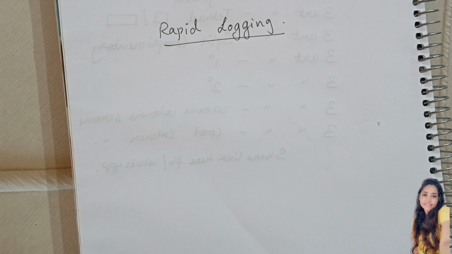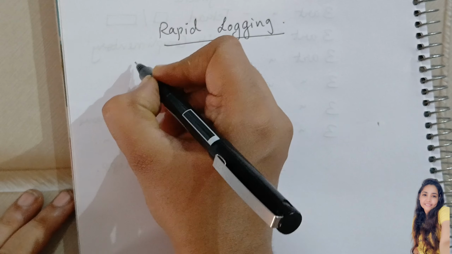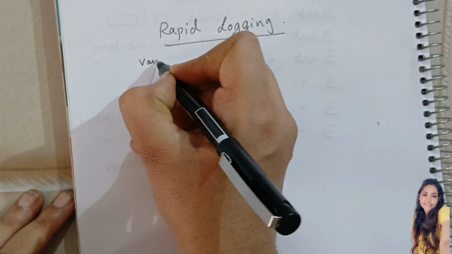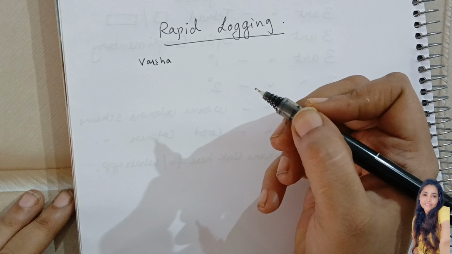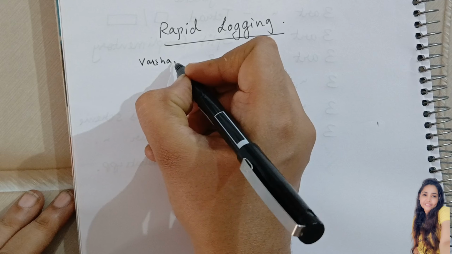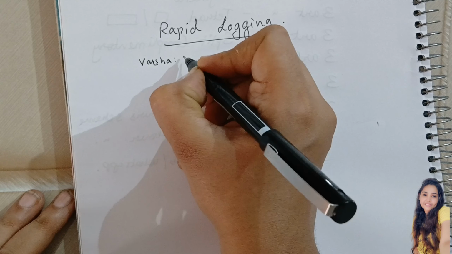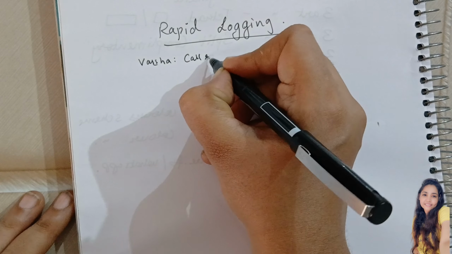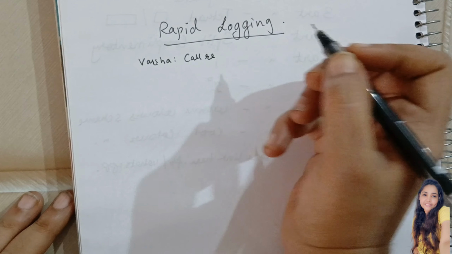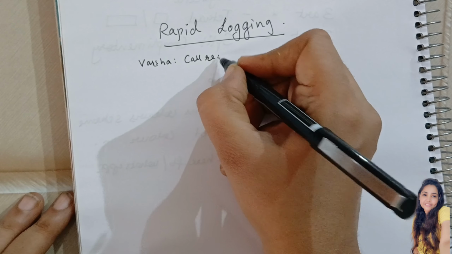Okay, so I know all this in my head. Correct. So instead of writing this whole statement, I will be writing Varsha, because that is the main person whom this log is concerned with. Okay. Call. What call? So it's like a reply or a revert. You can write a short form. What do you have to call?